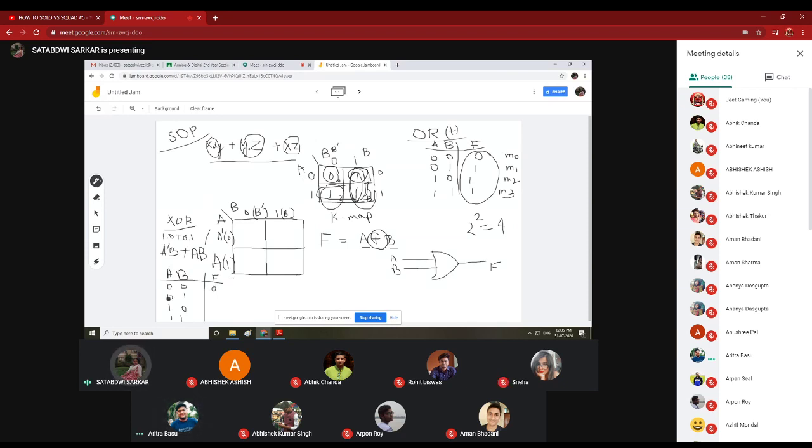But for 0 and 1, the values are A bar, so 0 bar, that is 1, and B, A bar B, B is 1, plus A B bar, so A is 0 into 1 bar, that is 0.